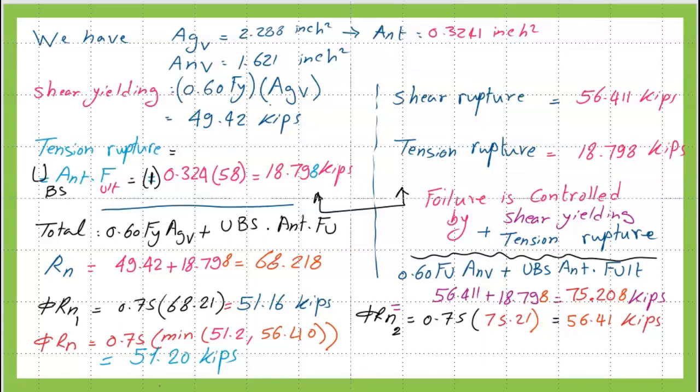We will select the minimum value of the two values, which are 51.2 and 56.46. The final LRFD value will be equal to 51.20 kips. That means shear yielding and tension rupture controls.